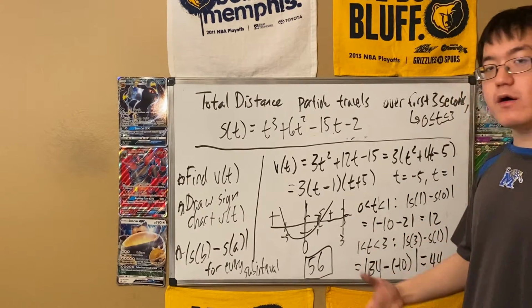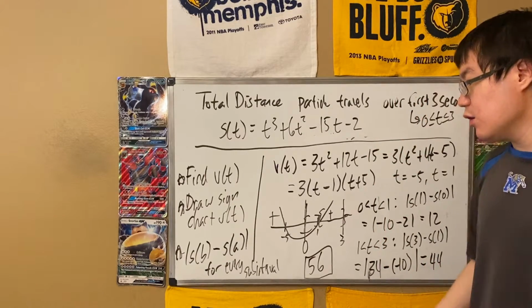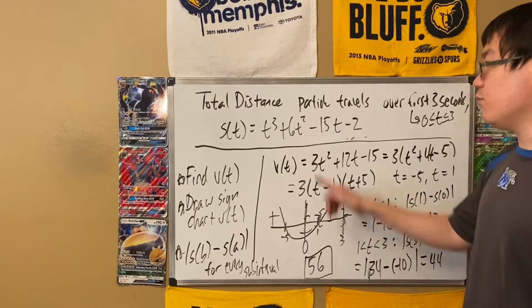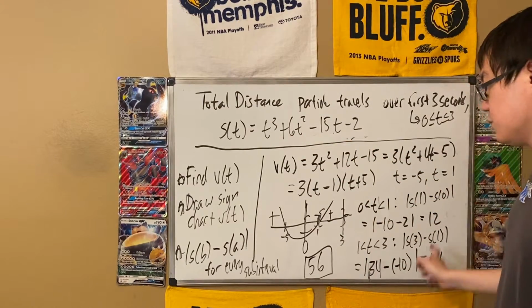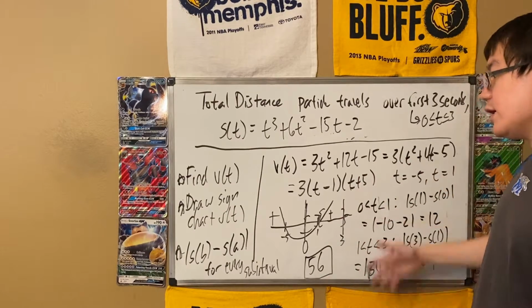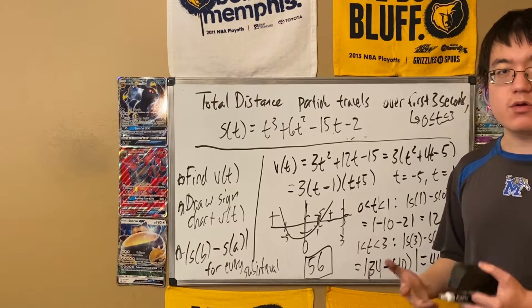And then for all of those subintervals, 0 to 1, 1 to 3, so thankfully we only had two of them, you apply this formula, the absolute value of S of B minus S of A, where S is the position. So that's what we did. We were careful, we did absolute values for every single piece, we added the answer in the end, and then we were good to go. So that's total distance, quite a difficult question.